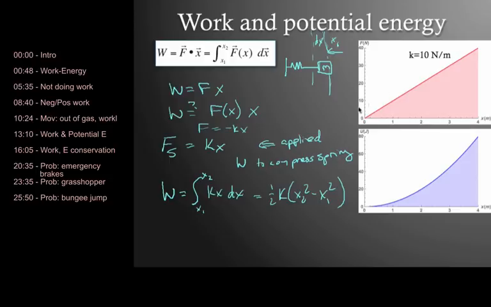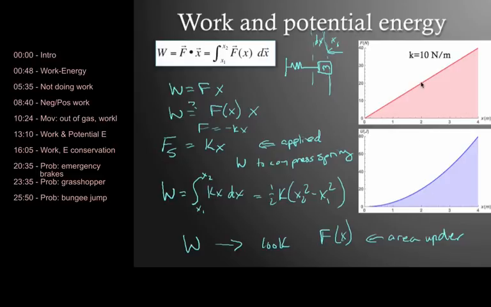So if you want to know how much work is being done, we could also look at the force versus x, the area under this. And here I have a quick plot showing you the spring force versus x, and then here's the associated energy.